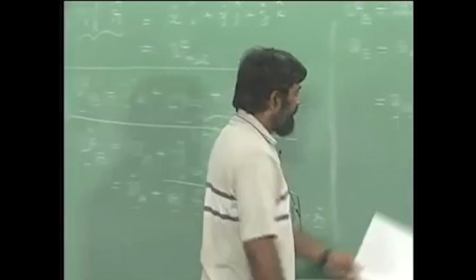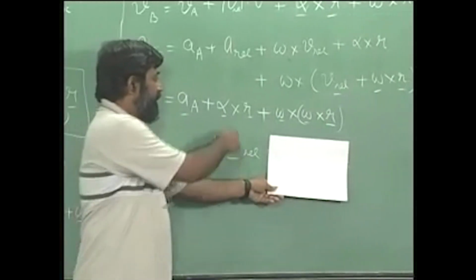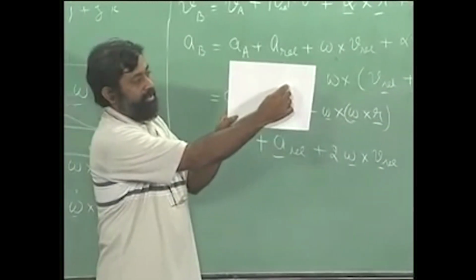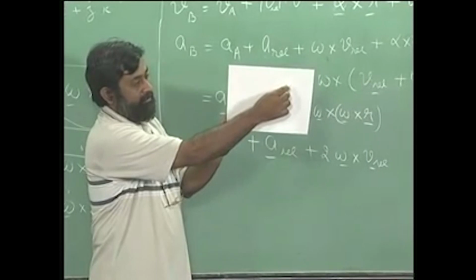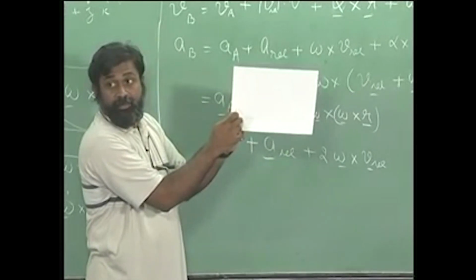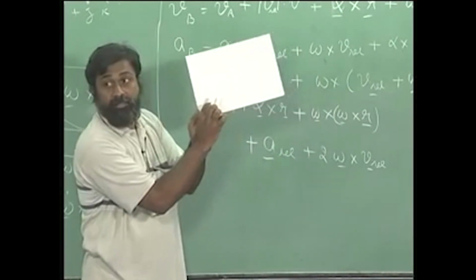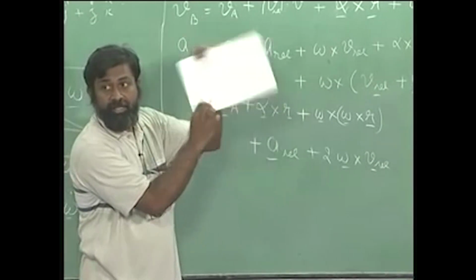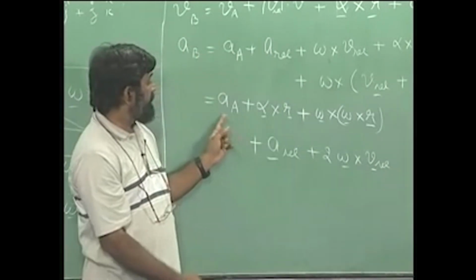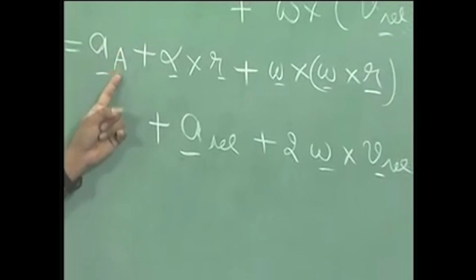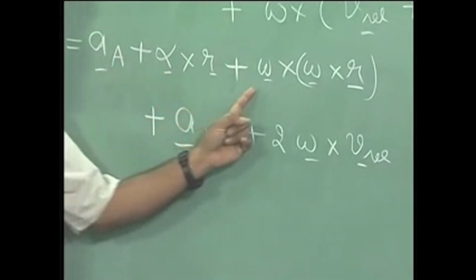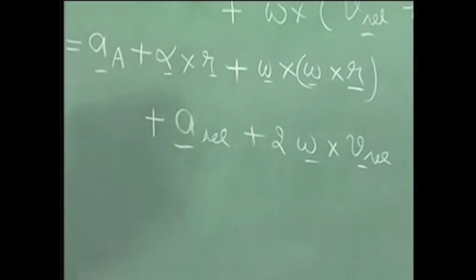One would think, okay, if I have a point over here and this is a fixed point with respect to the point that I am looking at as the pivot, and when it is rotating, this acceleration is given by AA plus alpha cross r plus omega cross r.